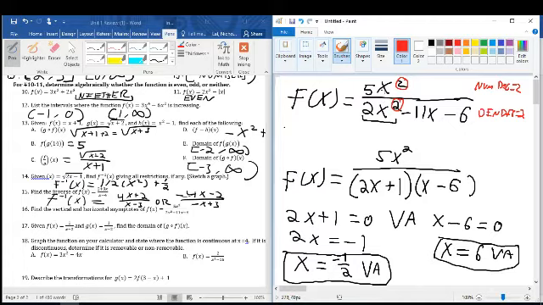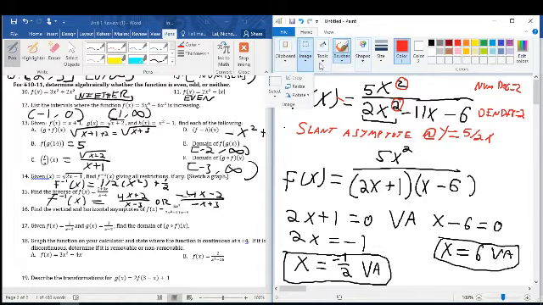Then eventually, as x gets really large or really small, you'll have a slant asymptote at y equals 5/2 x. Okay, and the reason why is that when x gets really large, the x just overpowers and ultimately becomes 5/2.